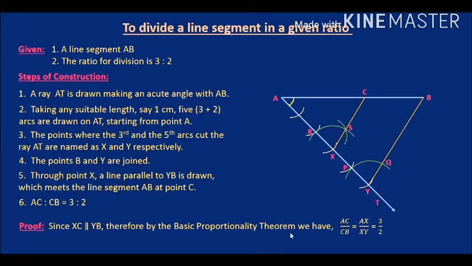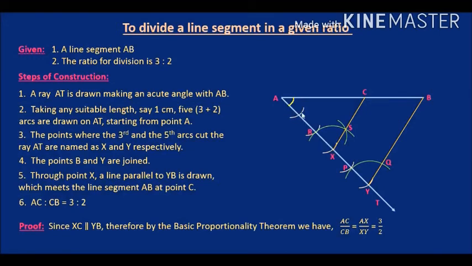So therefore, by BPT, or basic proportionality theorem, SC divided by CB equals AX divided by XY, and the ratio is 3:2.